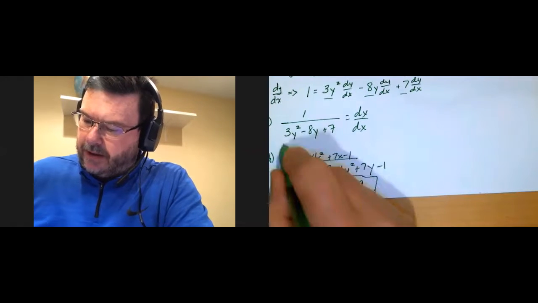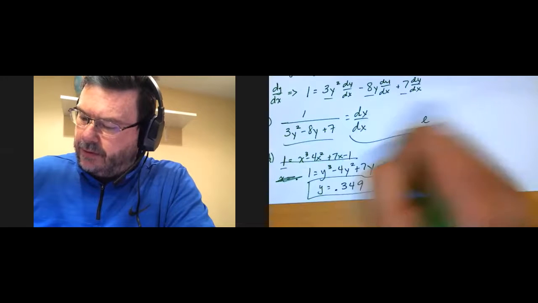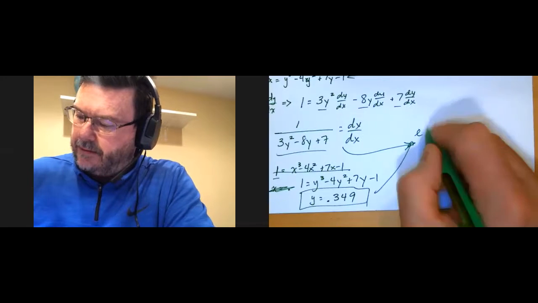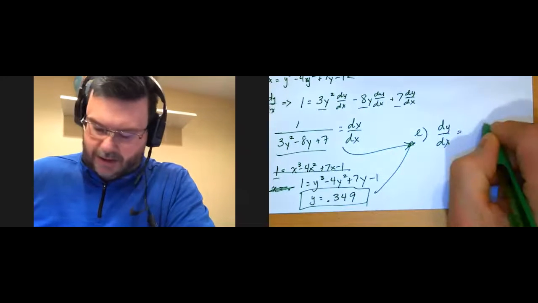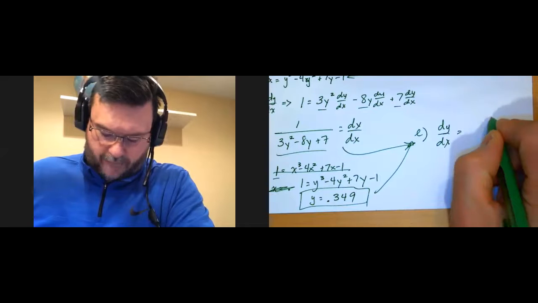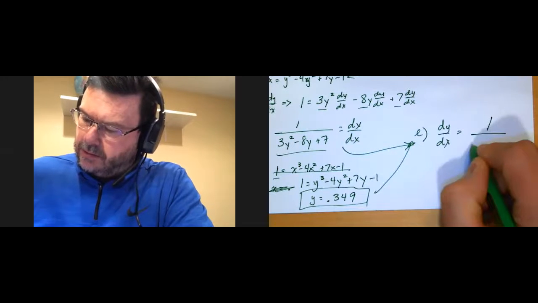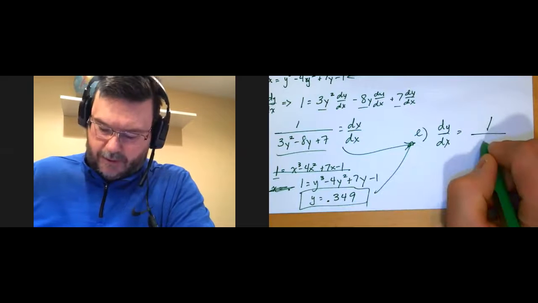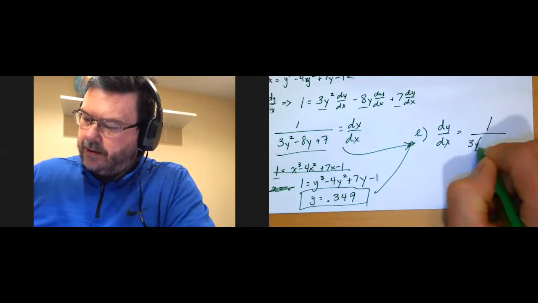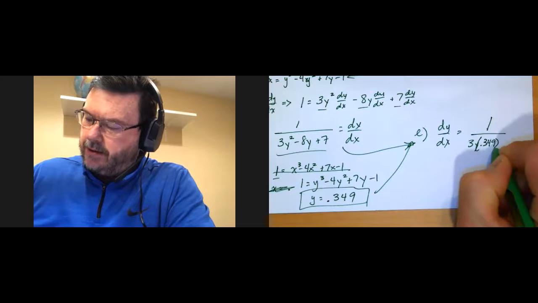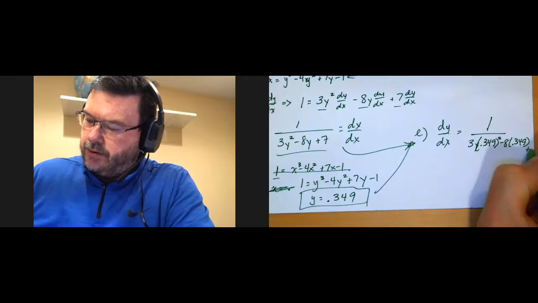And then we're going to plug it into this. We're going to take this value and plug it into that value. And dy/dx is going to be 1 over that plugged in, which is going to be some value over 3y squared, so 3 times 0.349 squared, minus 8 times 0.349, plus 7.